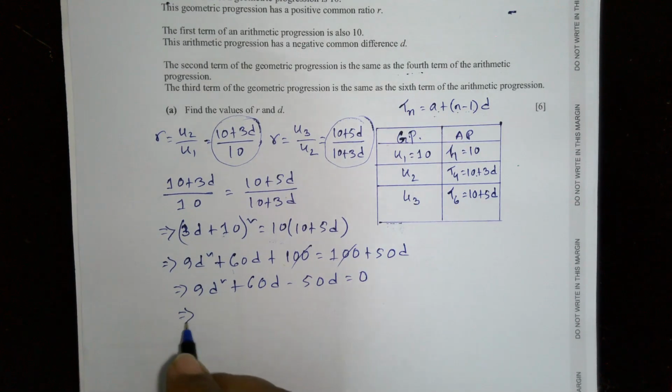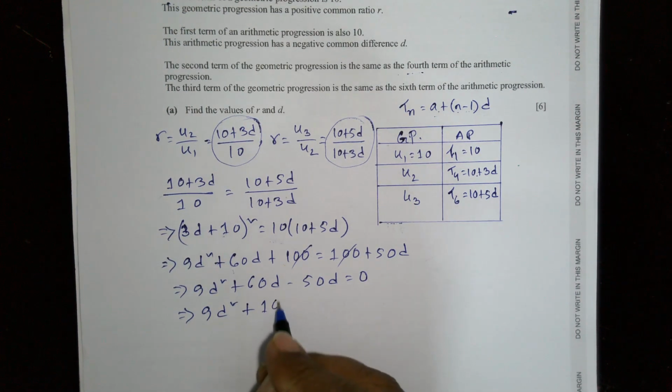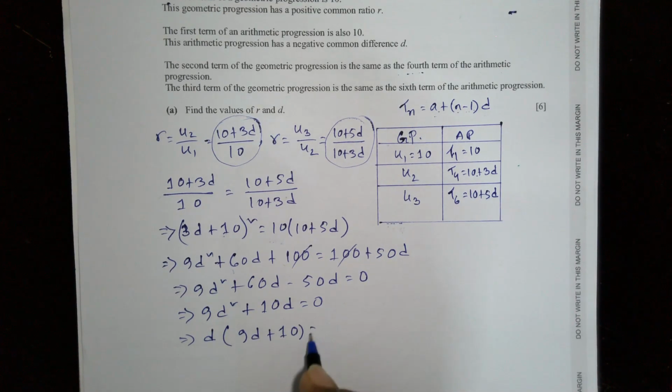So now in the next line I get 9d squared plus 10d is equal to 0. We can take d as a common factor here. If we take d out, we get d times (9d plus 10) equals 0.